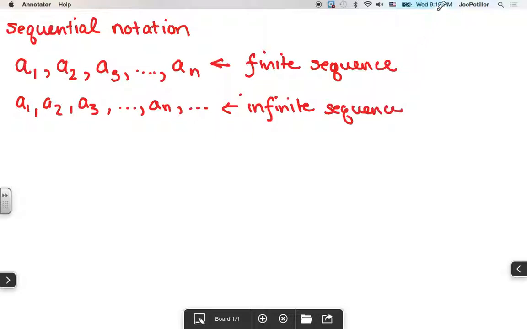Okay. And the values of A can be any number. It doesn't necessarily have to be an integer. It can be a fraction, a rational number, or even an irrational number. But as long as there's a way to develop the sequence, you can use these terms.